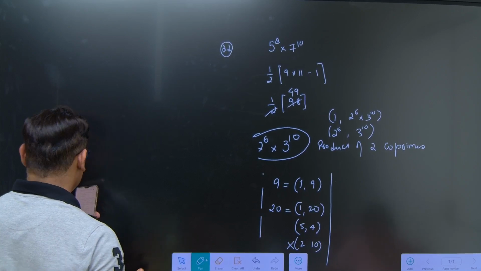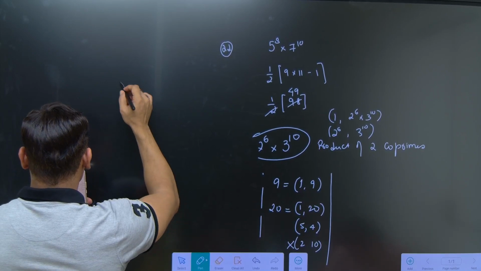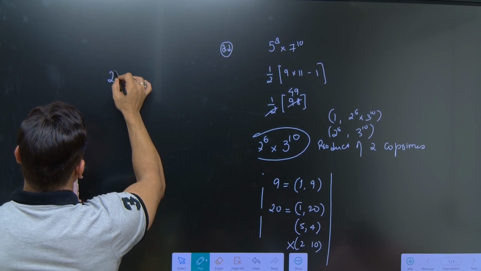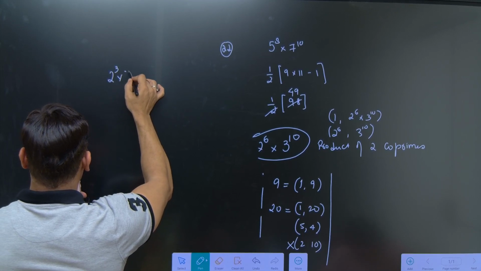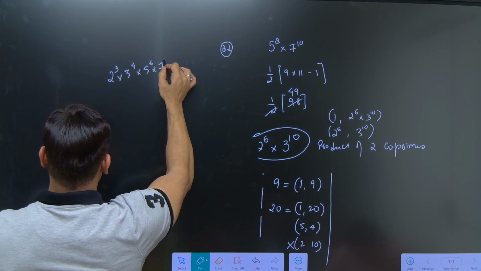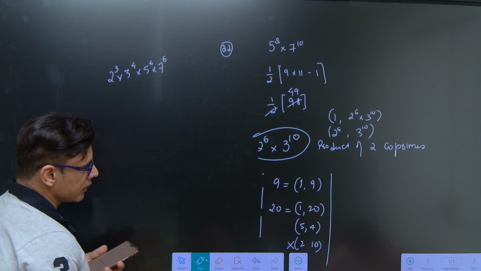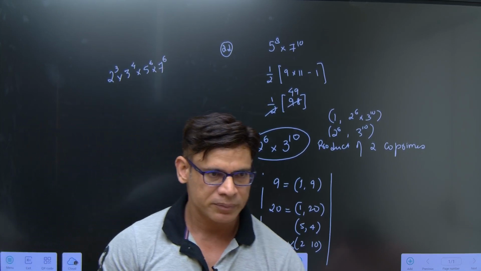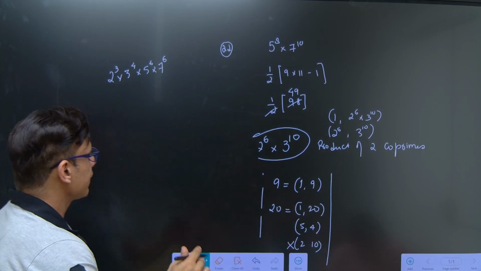So next question what you have, find the number of ways in which 2 cube into 3 raised power 4 into 5 raised power 6 into 7 raised to the power 6 can be written as a product of two coprimes. So one, एक तो होगा 1, right?